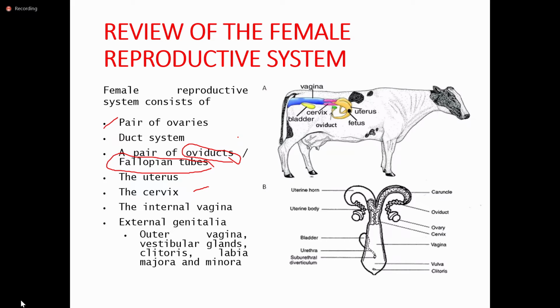Right after the cervix, we have the internal vagina, and then the posterior vagina. And lastly, we have the external genitalia, which, if we view this outside, is the vulva, composed of the labia minora and the labia majora, as well as the female counterpart of the penis in male, the clitoris.